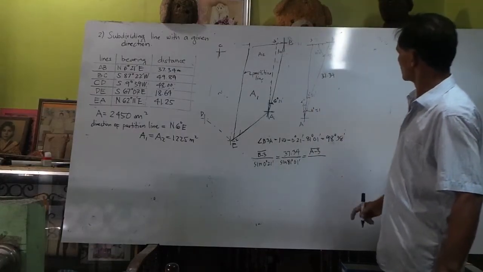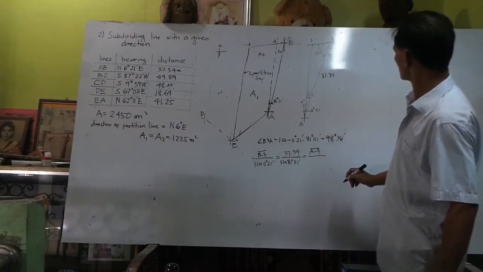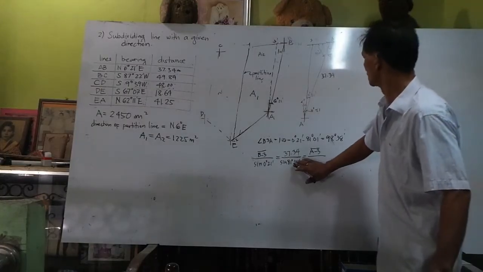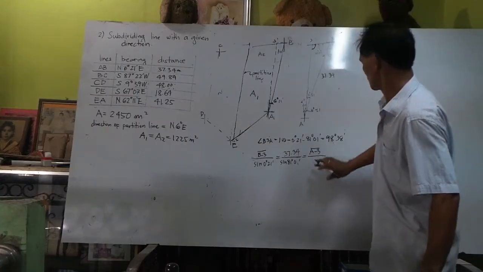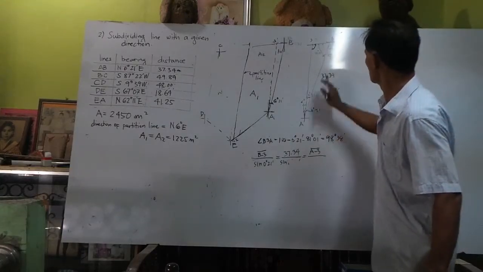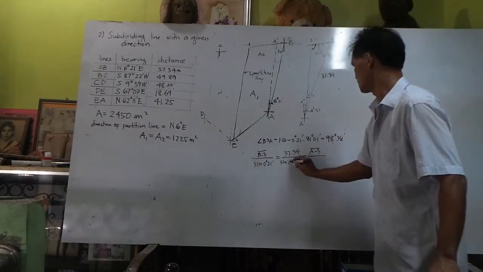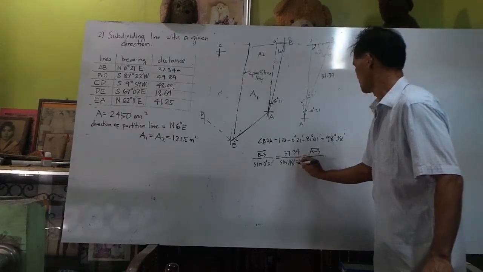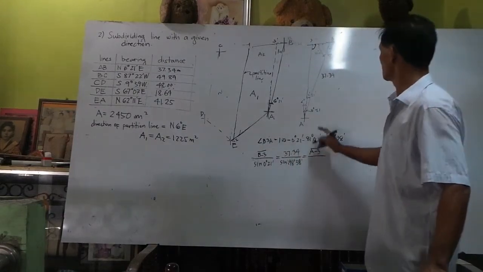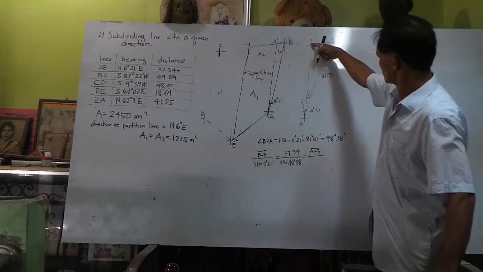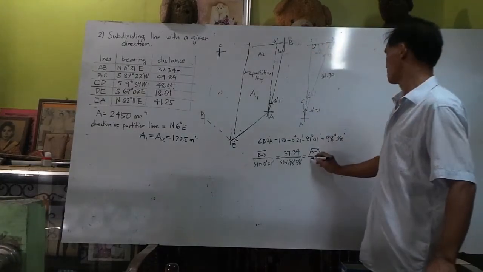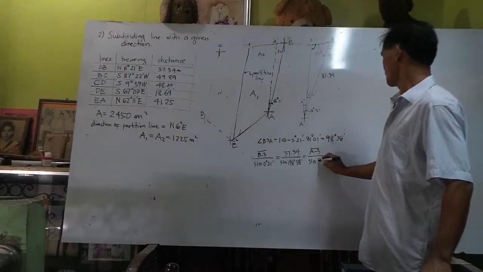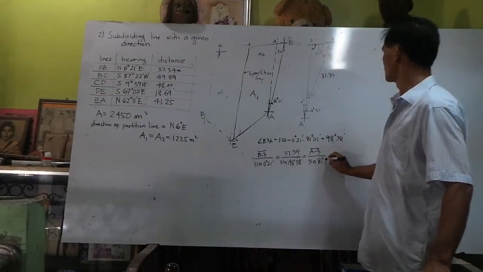As to the third length of the line, which is A3, the opposite angle is, by the way, this is now the opposite angle, the 81. So, meaning to say, this side is 98 degrees and 38 minutes. This is A3, so the opposite is 81 degrees and 01 minutes.